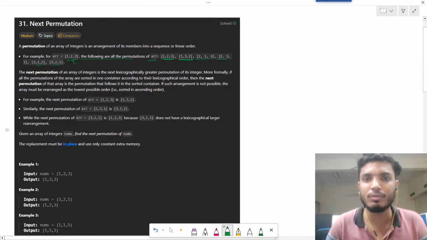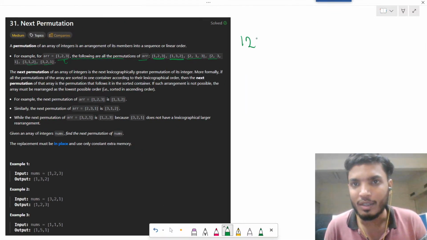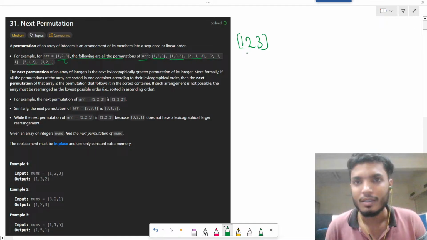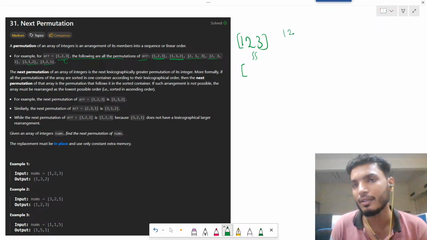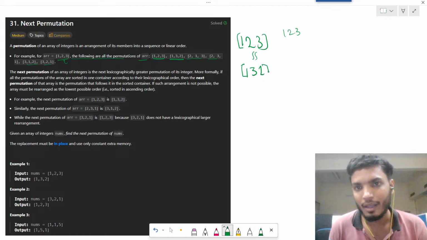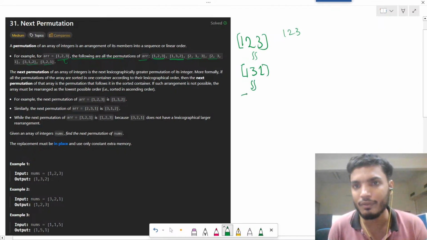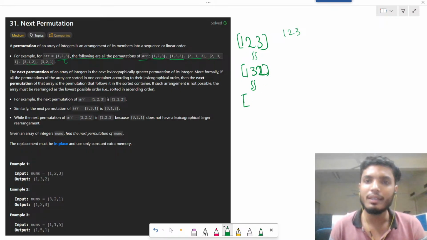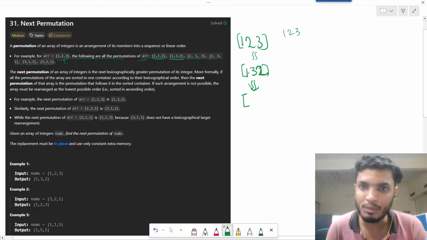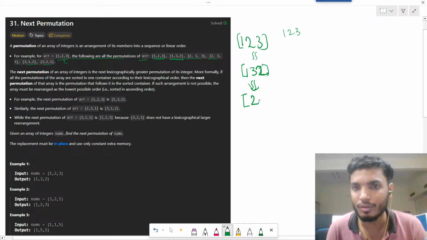Suppose I have the array 1 2 3. What will be the permutations of the array? After 1 2 3, the next number will be 1 3 2. And what will be the next number after 1 3 2? Just the next bigger number, which will be 2 1 3.